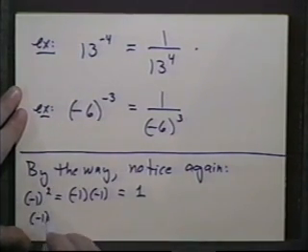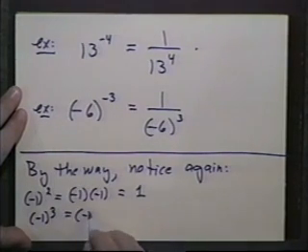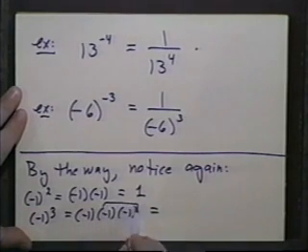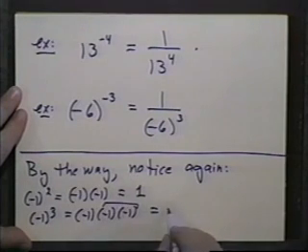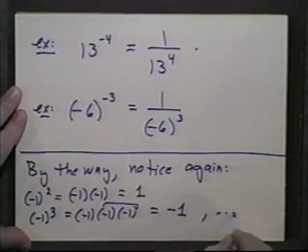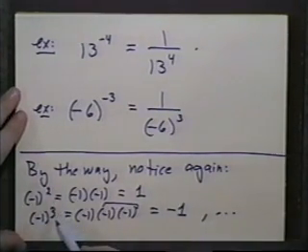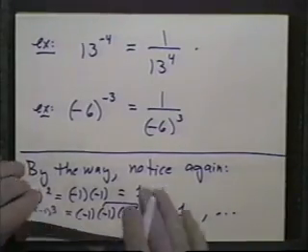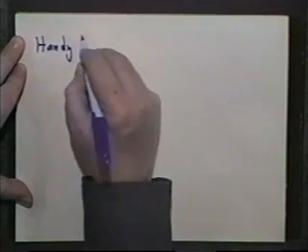Also, if you took minus 1 cubed, minus 1 times minus 1 times minus 1, what do you get? Well, two of them, as you know from the previous case, equal 1, times minus 1 equals minus 1, and so on. Well, this certainly suggests a pattern. In fact, it's a pattern worth writing down. So I will write it down in the form of a mathematical fact, and let's call it a handy lemma.